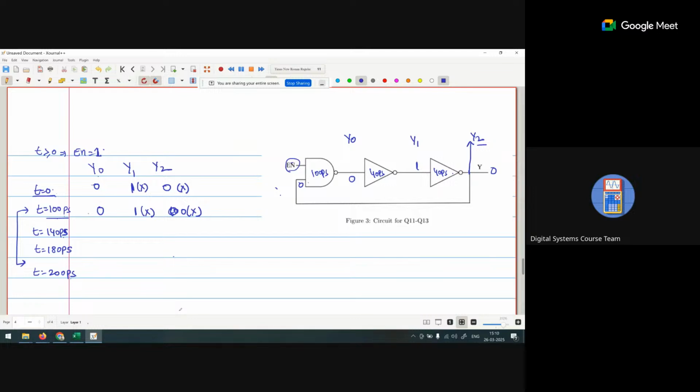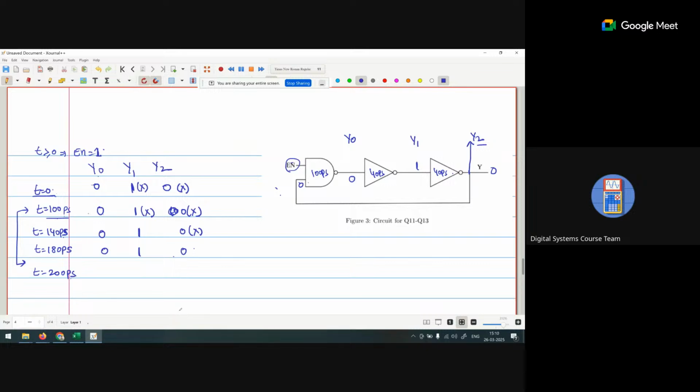After 140 picosecond, with respect to this, we are getting a 1 here, and that is valid. Now this is the invalid condition. Again at 180 picosecond, this 0, 1 and this 0 are valid.